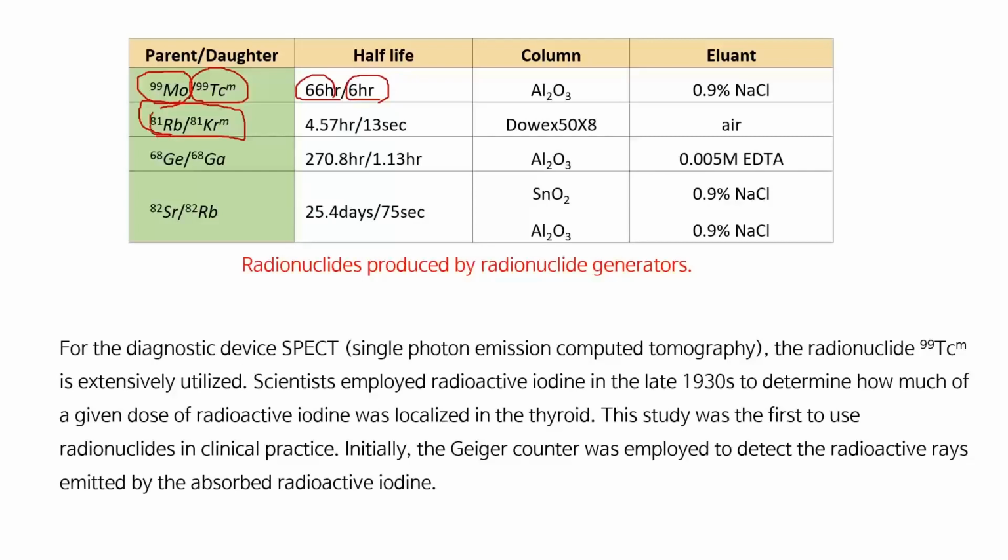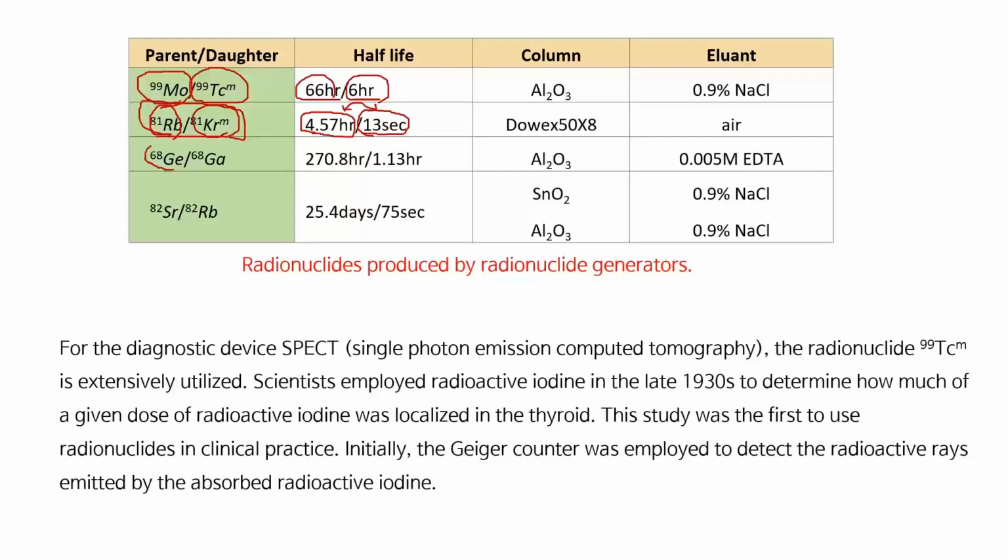So Rb has a half-life of 7.5 hours, but the half-life of Kr is just 30 seconds. Okay. So the difference is very large.